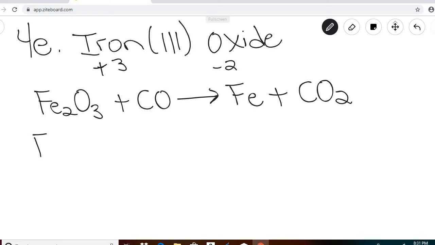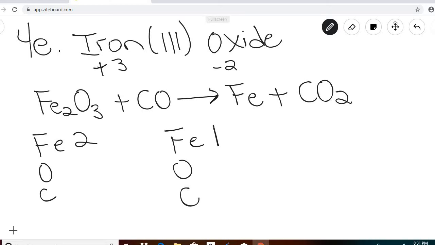So we have iron, oxygen, and carbon on each side. The iron, we have 2, and we only have 1 over here. Oxygen, we have 4, and we have 2. And carbons, we have 1, and we have 1.